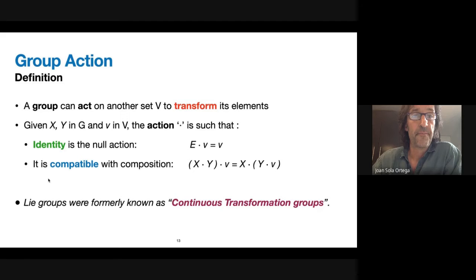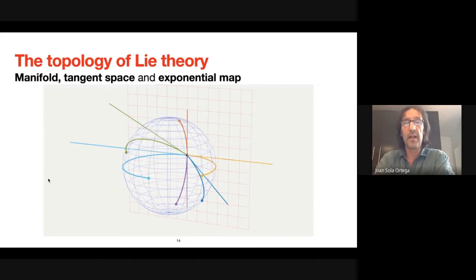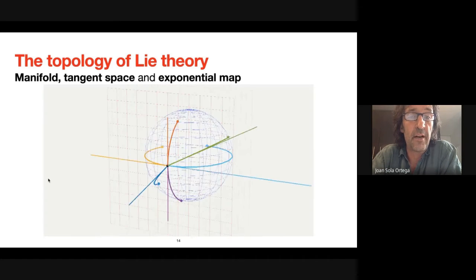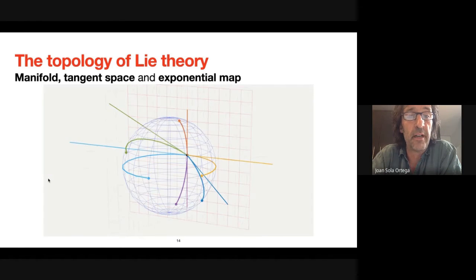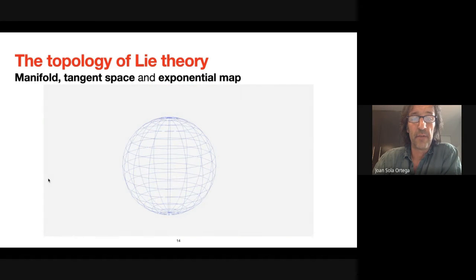No big deal. Now I want to introduce for the first time all the elements that we need to know in Lie theory. And I call it the topology of Lie theory because you can actually draw them in space. So let me replay this little animation once again. This would be a manifold defining the elements of the group. The elements of the group would be on the surface of this sphere, not inside the sphere, on the surface of the sphere.